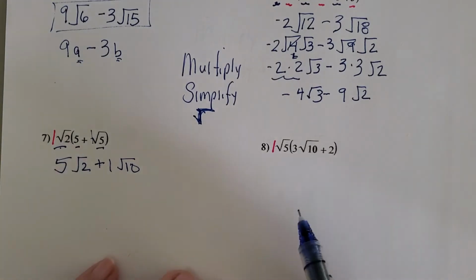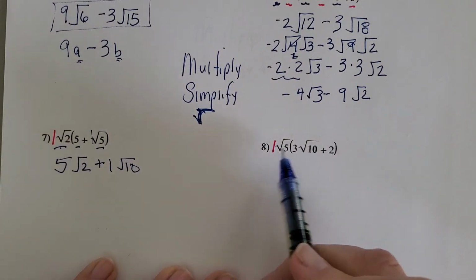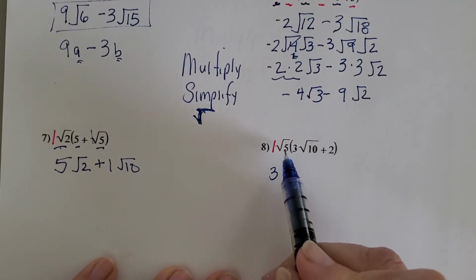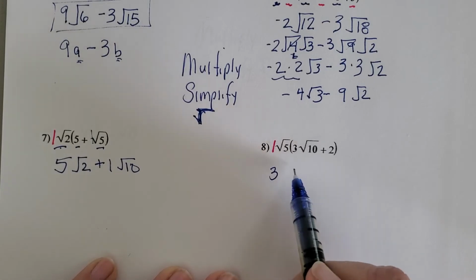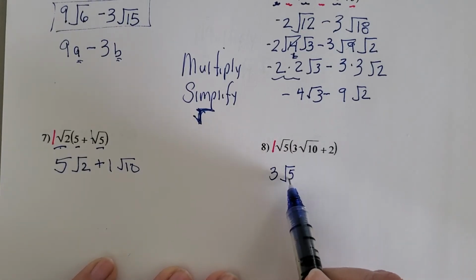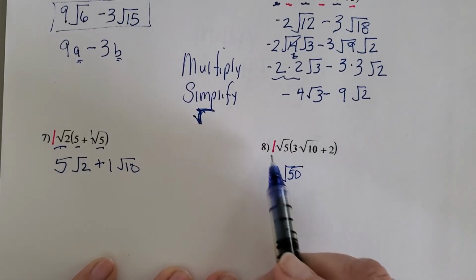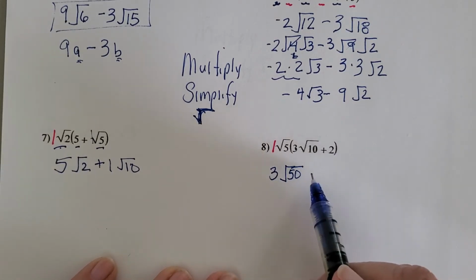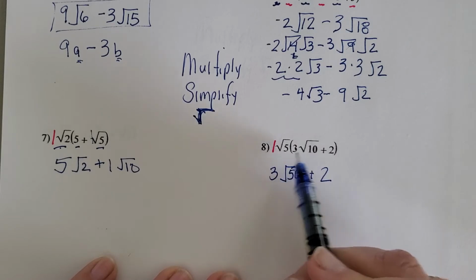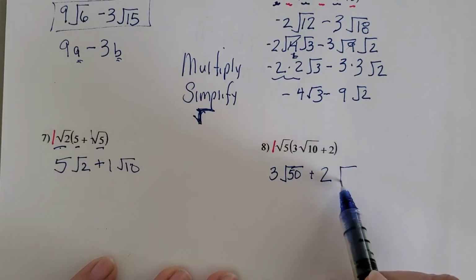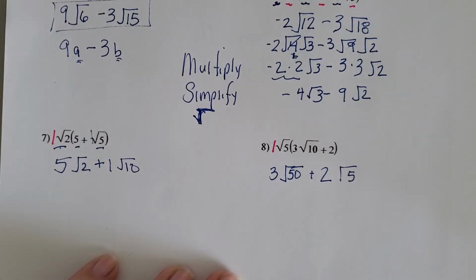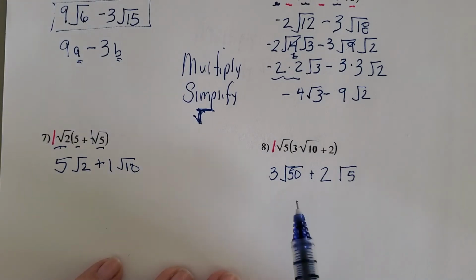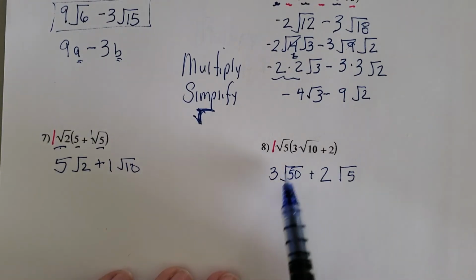Okay, same thing here. 1 times 3 is 3. Radical 5 times radical 10, radical 50. 1 times 2, right, because these are both outside a radical sign, is 2, and radical 5 times no other radicals is just radical 5. We can't add these, they're not alike, but we can factor radical 50.